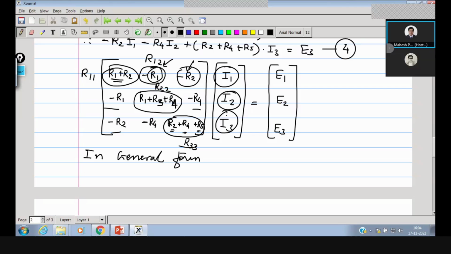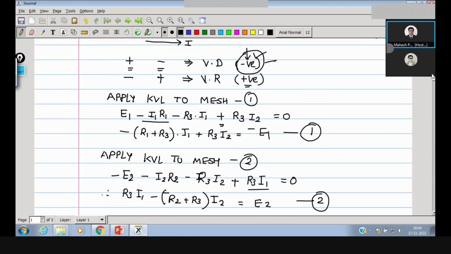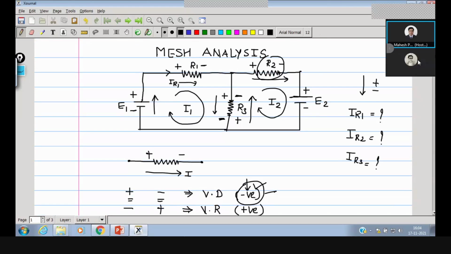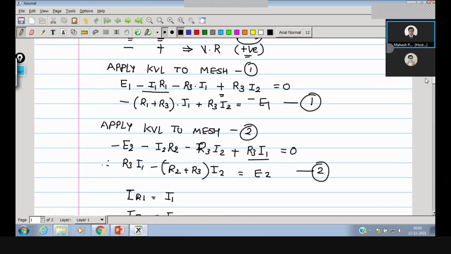If there are 4 meshes, the matrix will be 4 by 4. So this way we can solve. We can even write it for the 2 by 2 case in the form of a matrix. Here there are 2 unknowns, so a 2 by 2 matrix, and you can write it using equations 1 and 2.